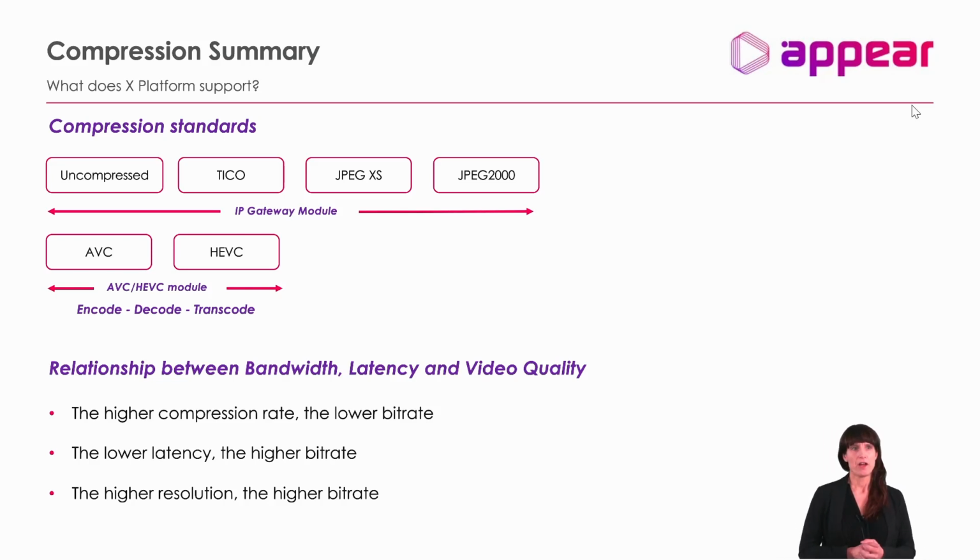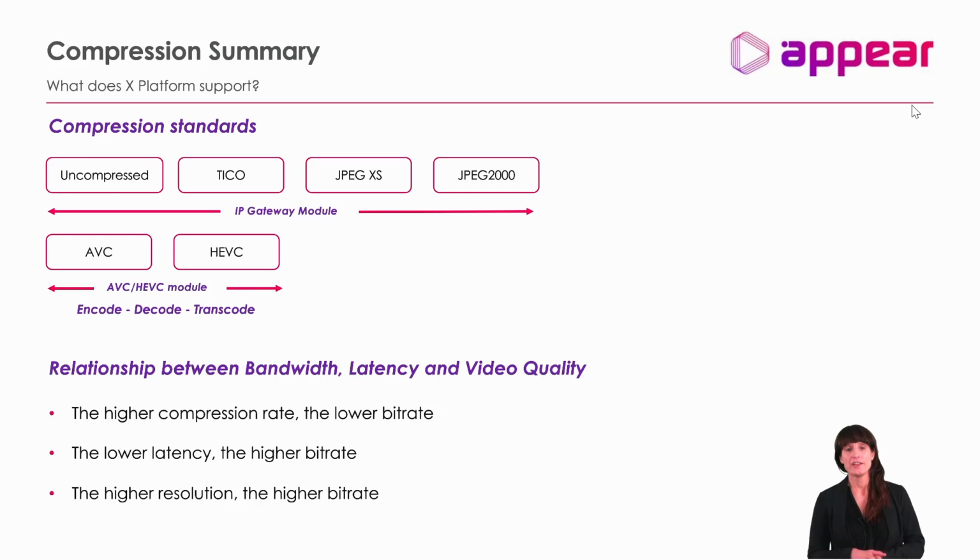But be aware of your bandwidth limitations and the latency requirement, because the lightweight compressions have lower latency, but they require quite high bandwidth. So the AVC and HEVC compression is complex, but it can reduce the bandwidth quite significantly.